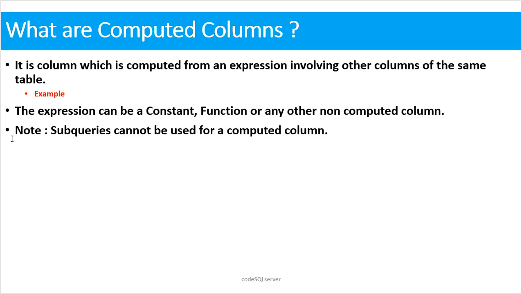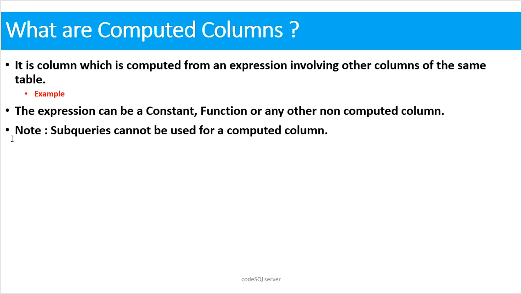Computed columns. For example, we have a table which has multiple columns. A computed column is a column whose value is generated by using the other columns of the same table in an expression. We can even use a user-defined function to get that value, wherein we can pass the other column values as parameters.